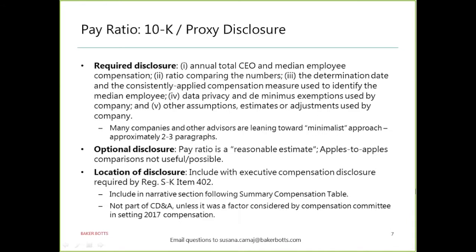A couple of things that I would recommend including would be to take advantage of that SEC guidance that allows companies to say that the pay ratio is a reasonable estimate.